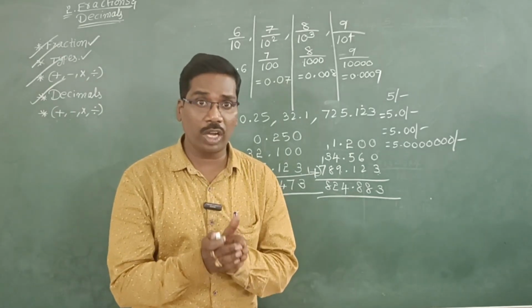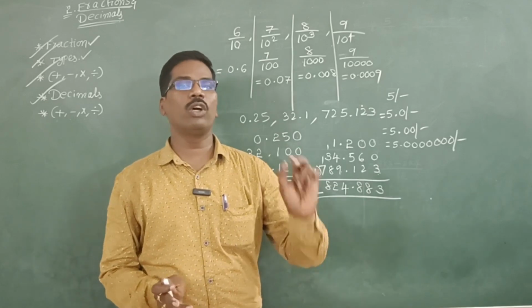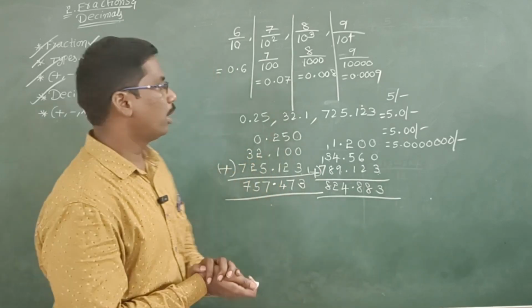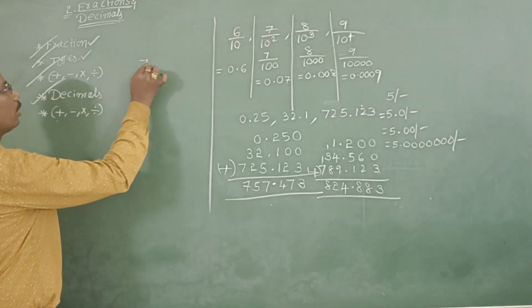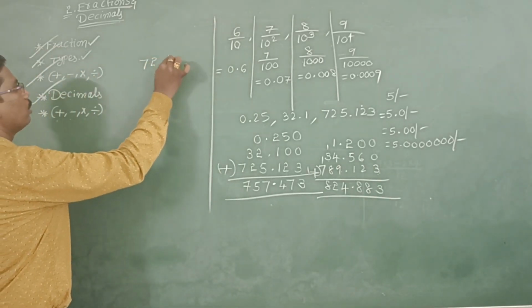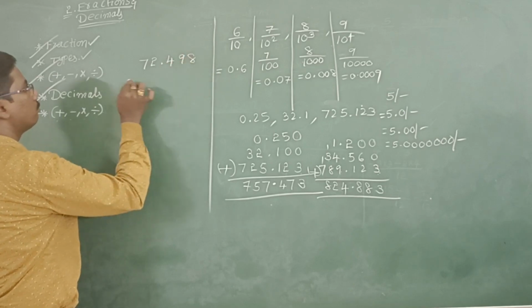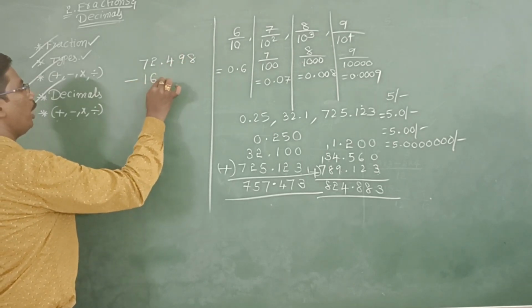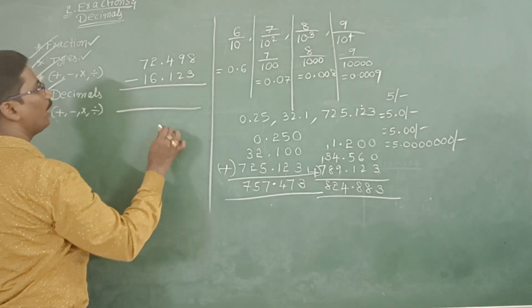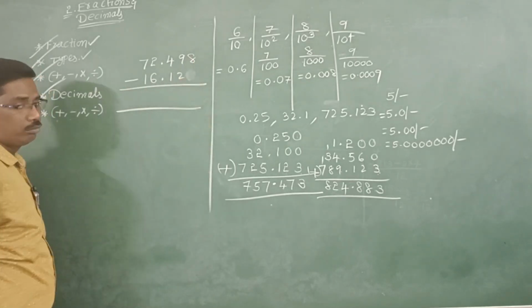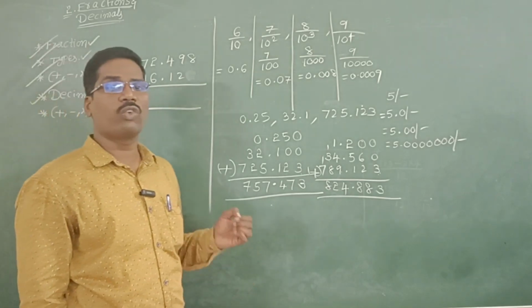In subtraction also we have to do it in the same way, but we subtract only two numbers. Let us see. 72.498 minus 16.123. For example, the digit 3 is not given in that place. What do we have to do?